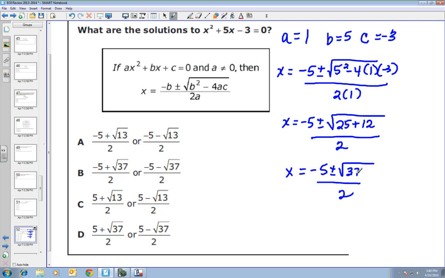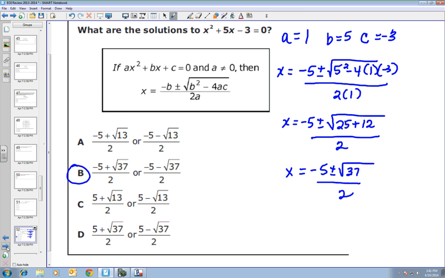So 37 won't break down at all. So I have negative 5 plus the square root of 37 and negative 5 minus the square root of 37. So my answer has to be either B or D, and it's B because my 5 is negative.